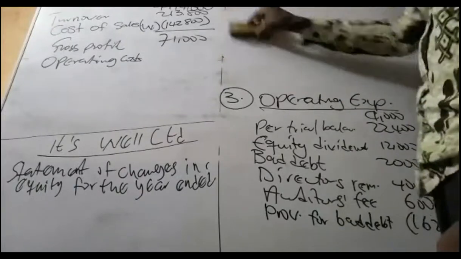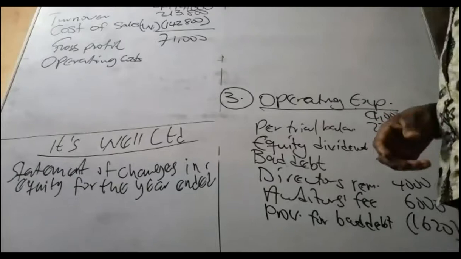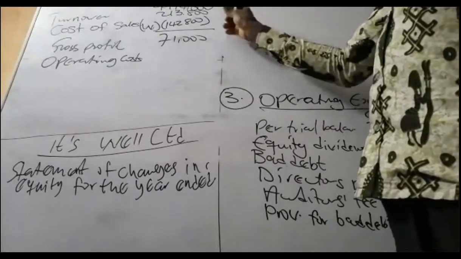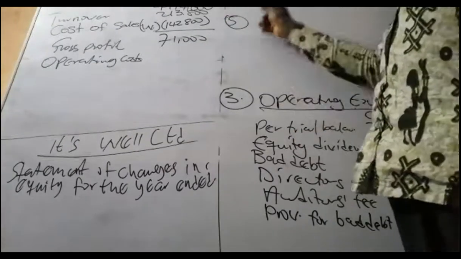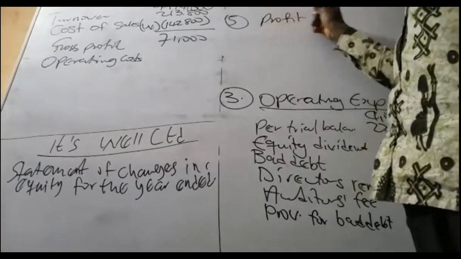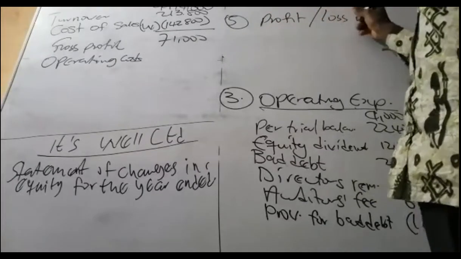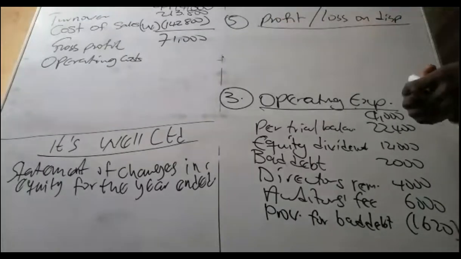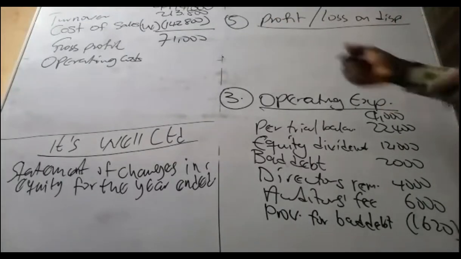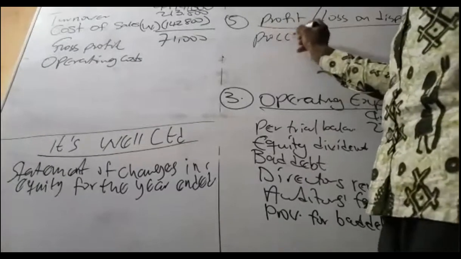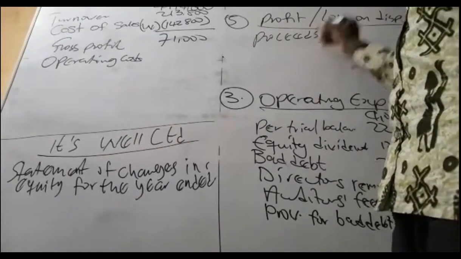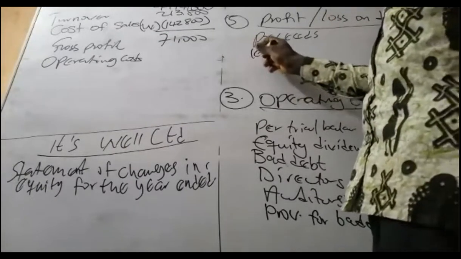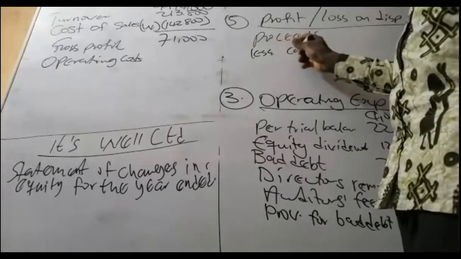That's two items that you are looking for. Proceeds, how much they sold the asset for, less the carrying amount, that's C.